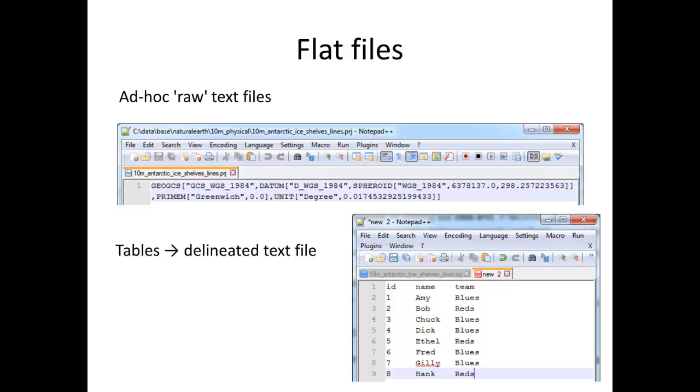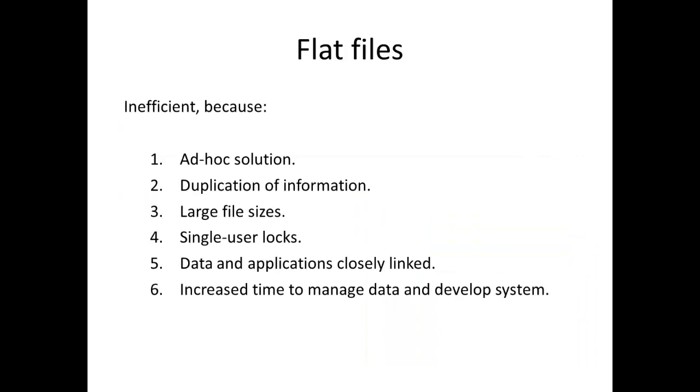Not directly, not inherently in the files. They may be in the structure of the data that the file information describes, but not actually physically encoded in the files. So we can store data in flat files. We saw 2 examples of types of data, one a projection definition and the other one a table.